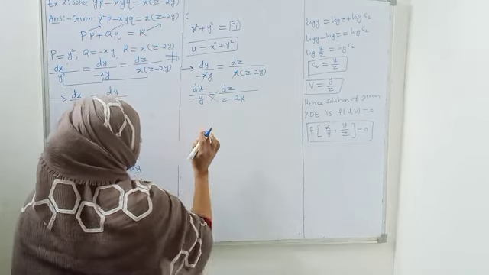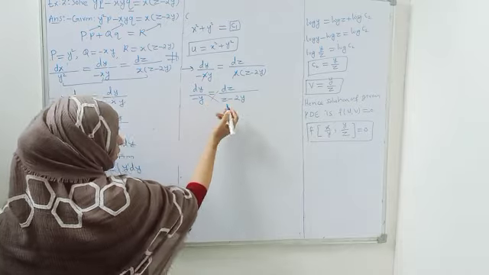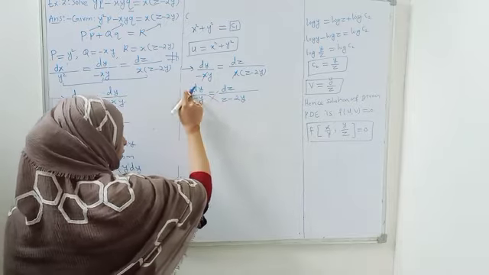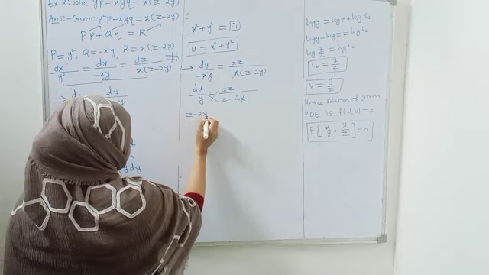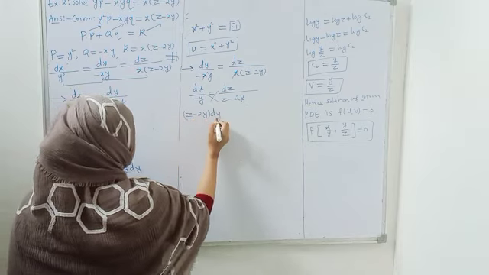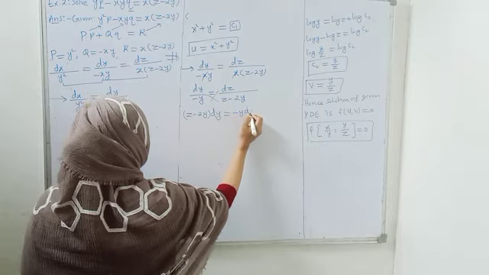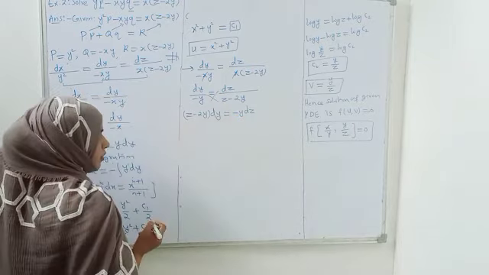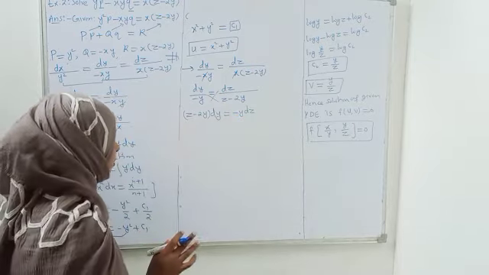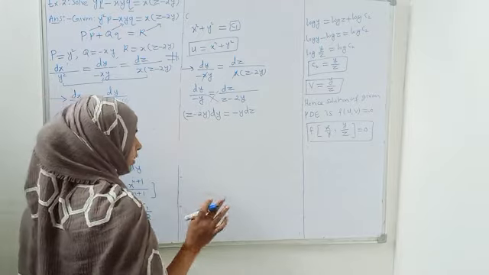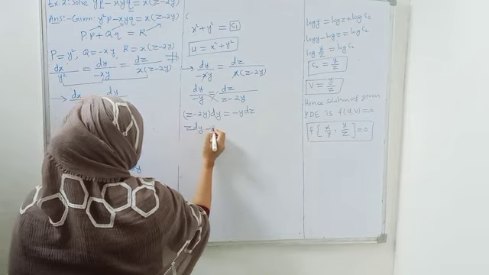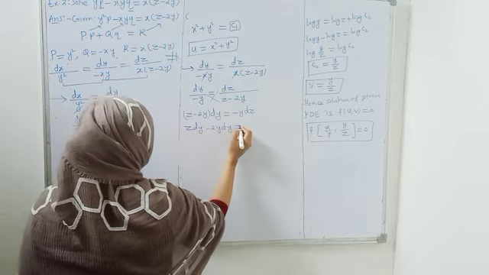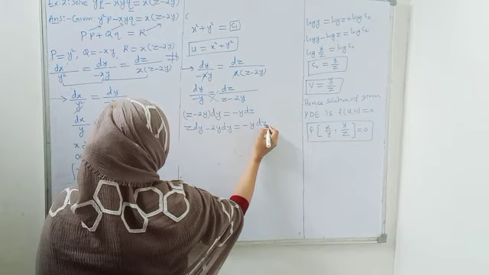So taking cross multiplication, z minus 2y with dy, minus y dz. So let us take z minus 2y dy is equal to minus y dz. This you have to do when you are not getting variable separable form: do cross multiplication. You just multiply them. So z dy minus 2y dy is equal to minus y dz.